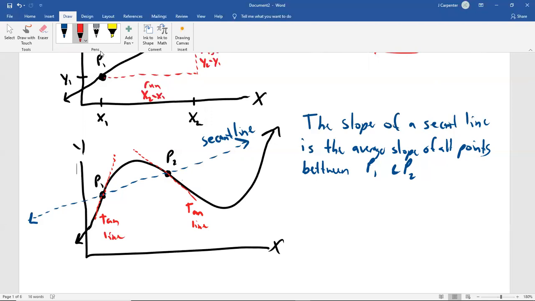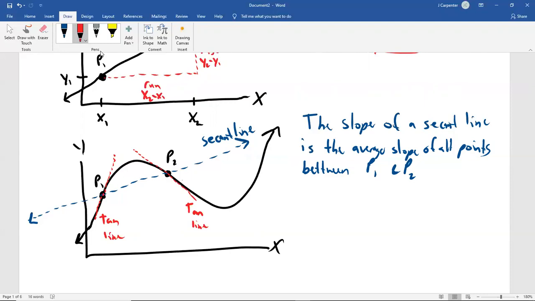And you can see those lines have a drastically different slope. P1 has a positive slope, P2 has a negative slope. That's the biggest difference between them. Now, what I'm saying is if you measured the slope at the infinitely many points between P1 and P2, if you then added up all those slopes and divided by however many you actually used, that value would be the same as the slope you calculate from P1 to P2.